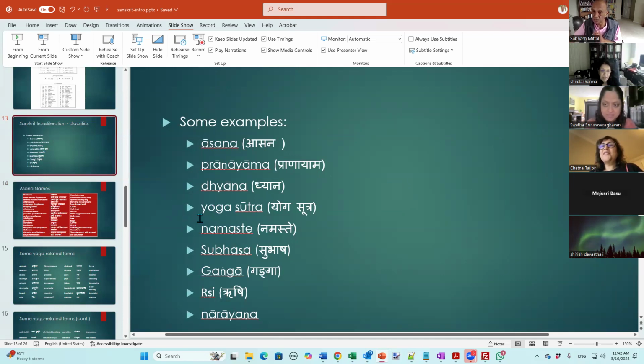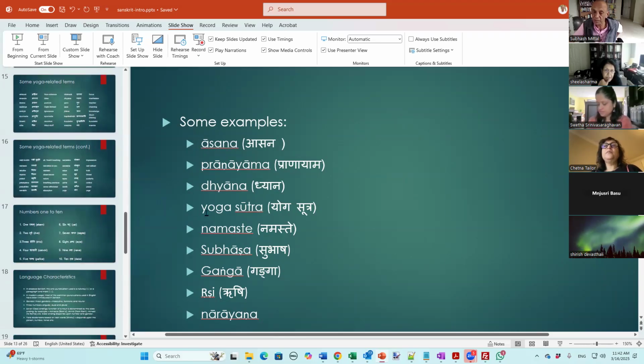In Hindi and in Gujarati, we say yog. It's yoga. In Sanskrit, we have to pronounce the last sound very, very correctly. Yoga Sutra. Very important.